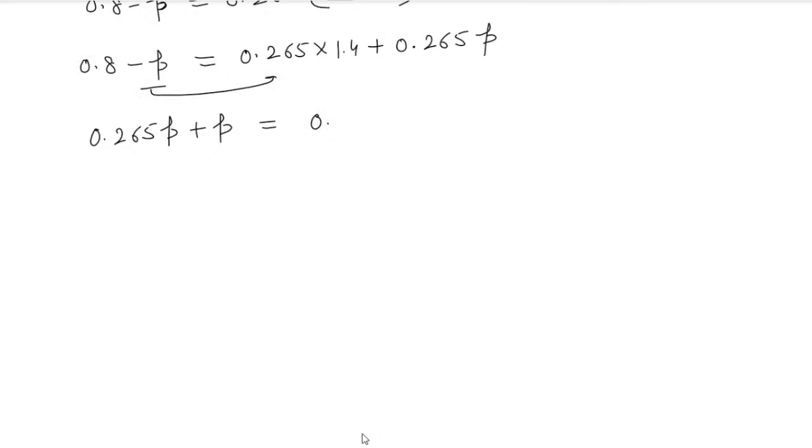Minus P will take on this side, so it becomes plus P. What is the value of 0.265 into 1.4? Can you calculate? I am using a calculator for the time being, but you can calculate.